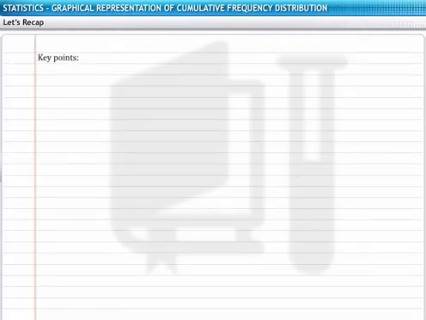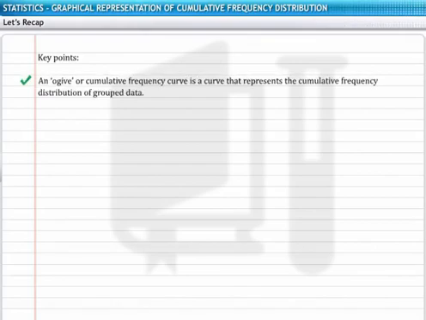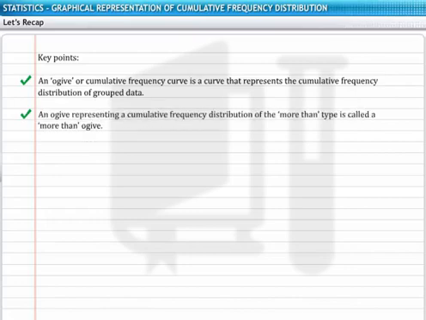You have reached the end of this section. Before moving on to the next section, let's recap the key points covered. An ogive, or cumulative frequency curve, is a curve that represents the cumulative frequency distribution of grouped data. An ogive representing a cumulative frequency distribution of the more than type is called a more than ogive.